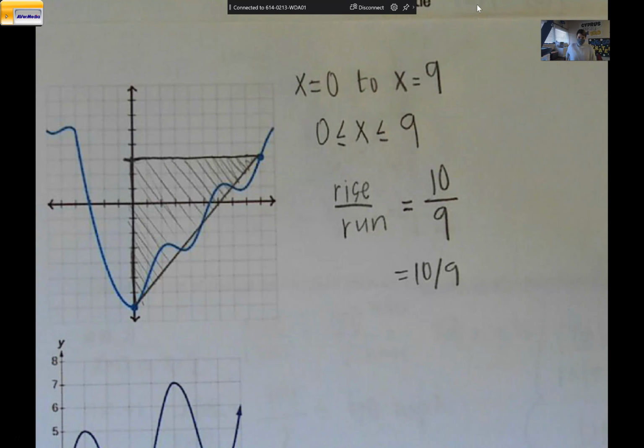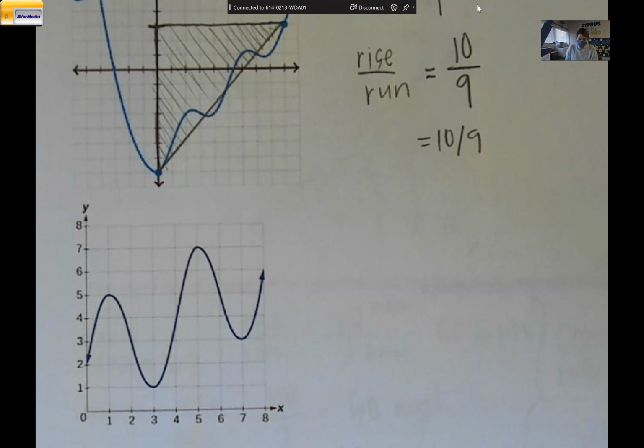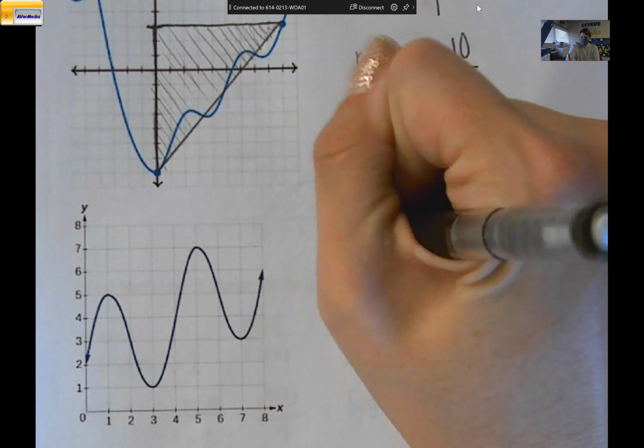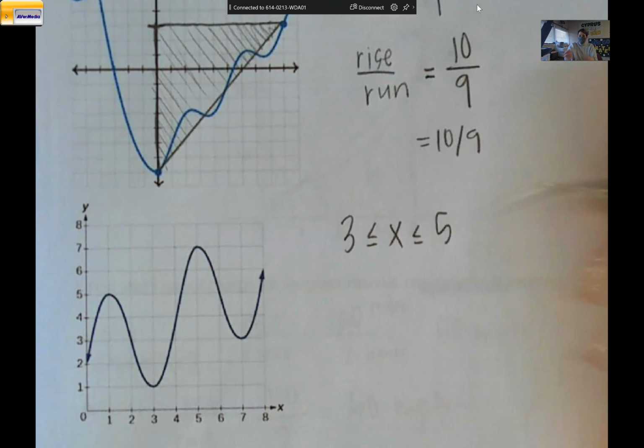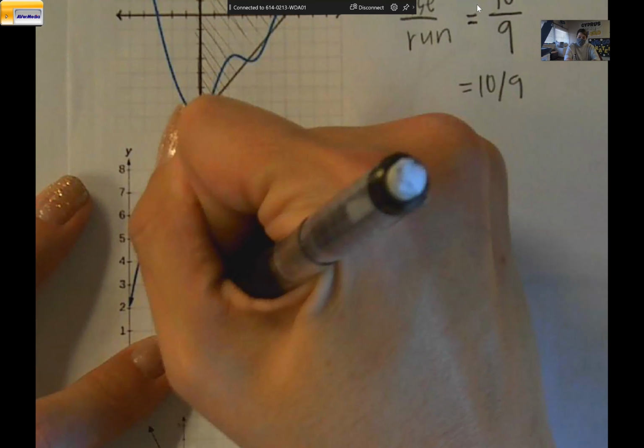Okay, let's do another one. So let's do this one now. Let's go from x is 3 to x is 5. So we go to x is 3, mark your graph.